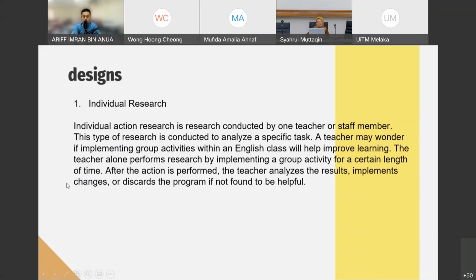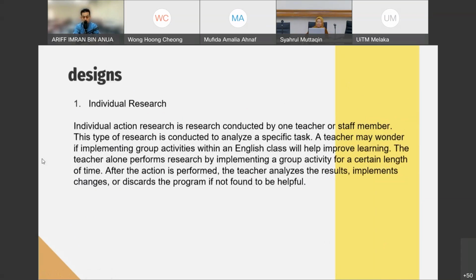And then the design of action research could be individual. This one is conducted by one teacher or staff member. This kind of design is conducted to analyze a specific task.